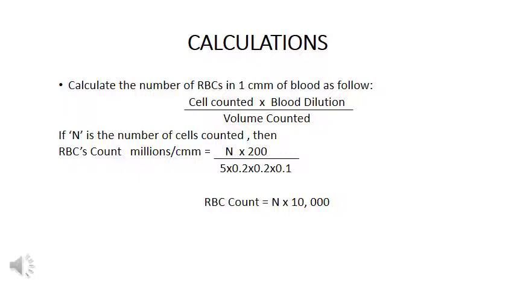So how can we find the volume counted? 5 multiplied by 0.2. 5 is actually the number of tiny boxes in a row, and 0.2 is the length and the width of each tiny square.